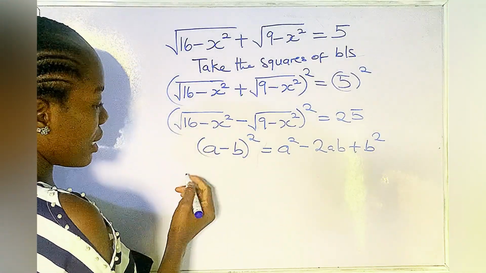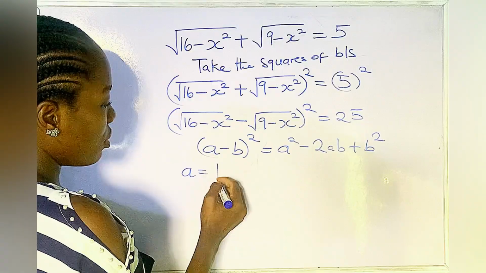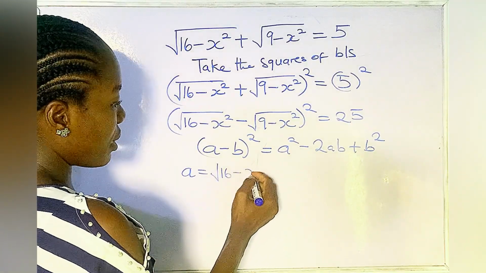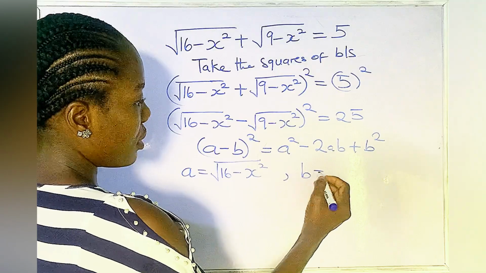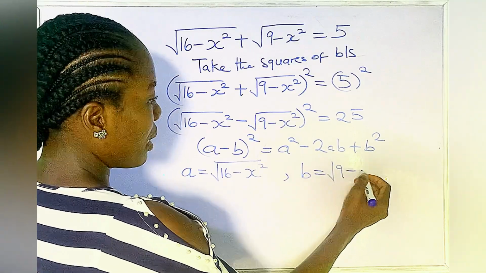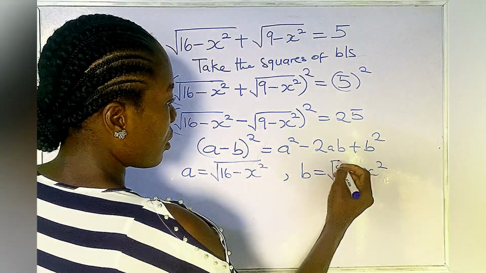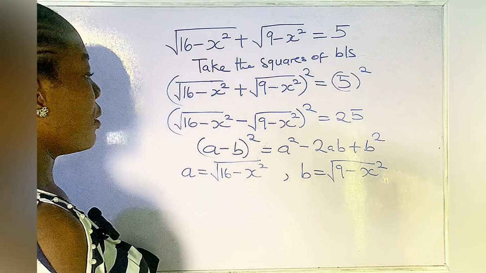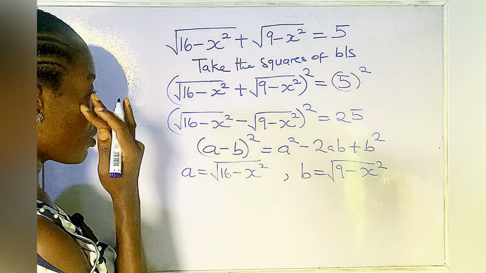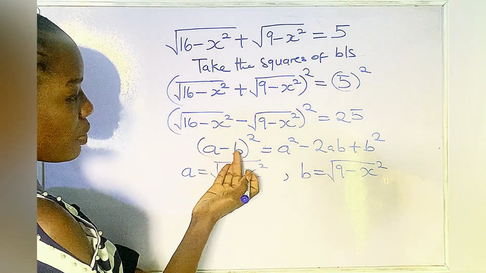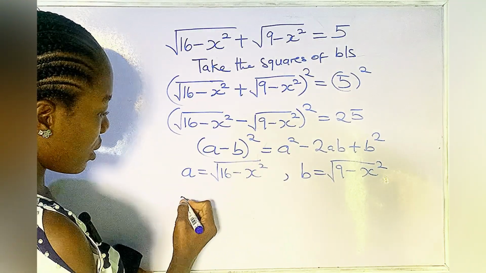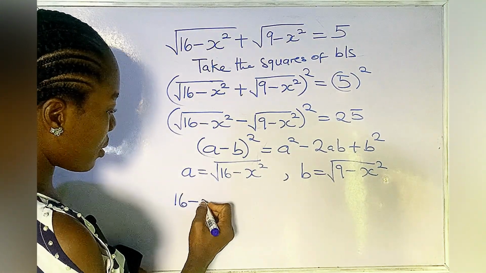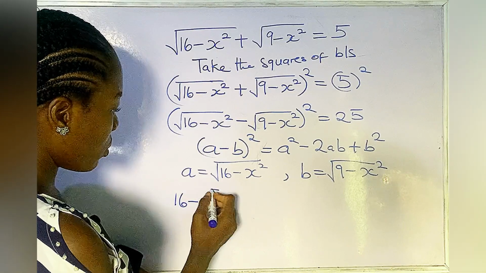In this case our a is root of (16 minus x squared) and our b is root of (9 minus x squared). Since a minus b squared gives us this, our a squared is 16 minus x squared.